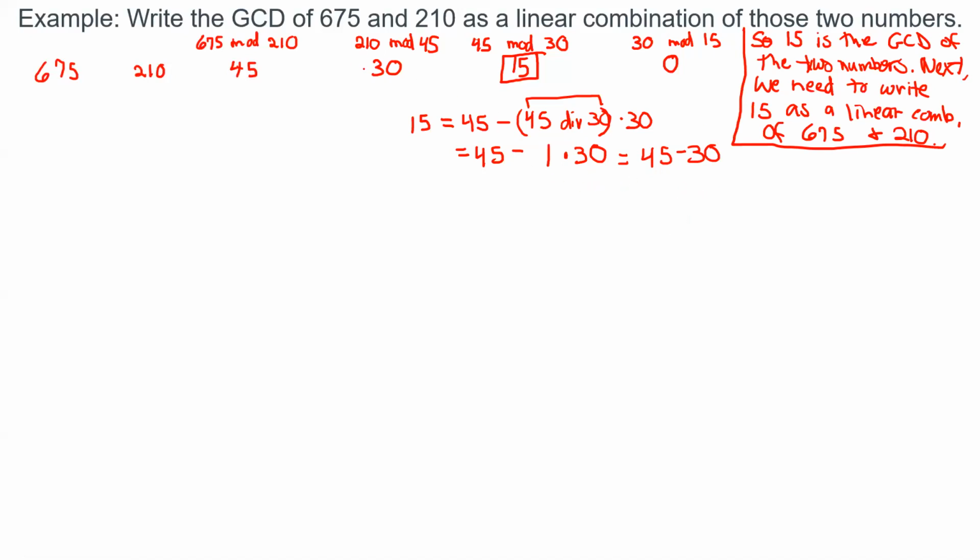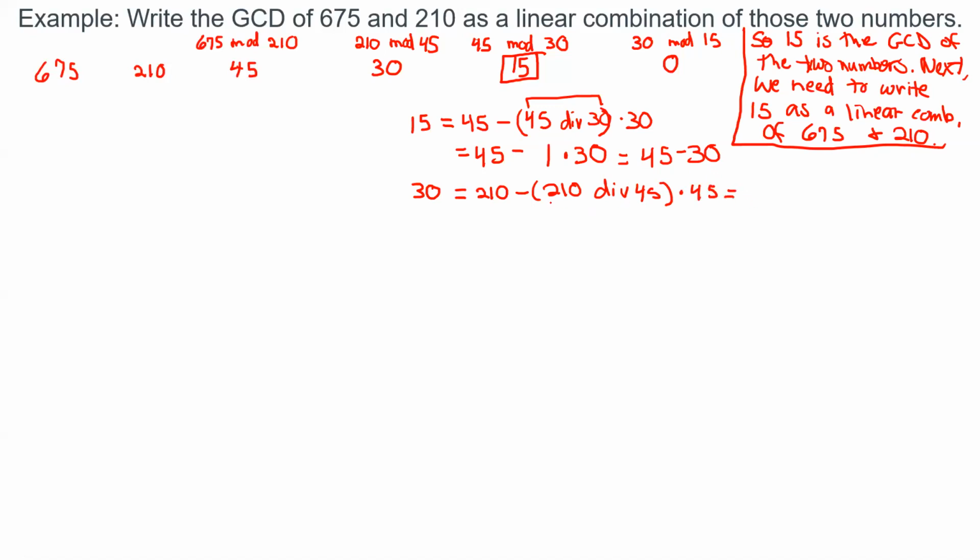Okay, so we have that. We have two other remainders that were remainders at some point. So we're going to keep going backwards and look at the 30. So for 30, we have 30 equals, and then we use the previous two numbers. So we have 210 minus 210 div 45 times 45.